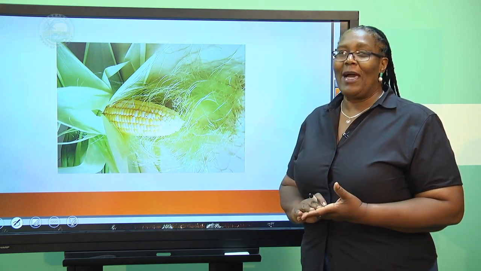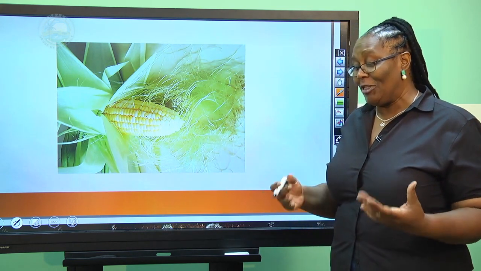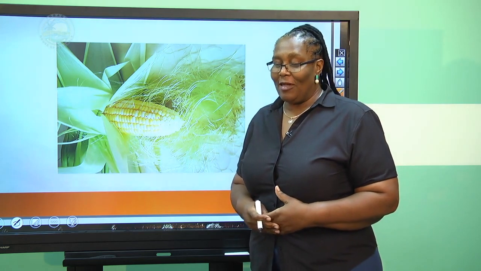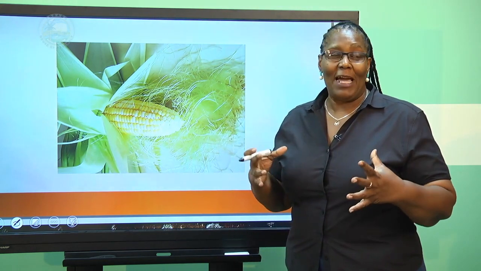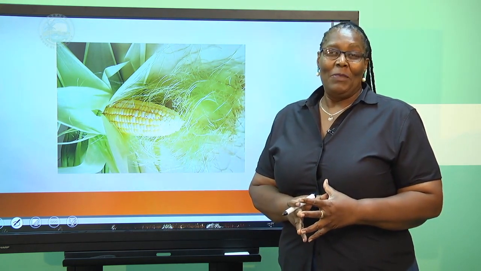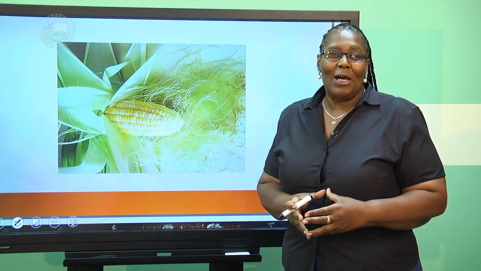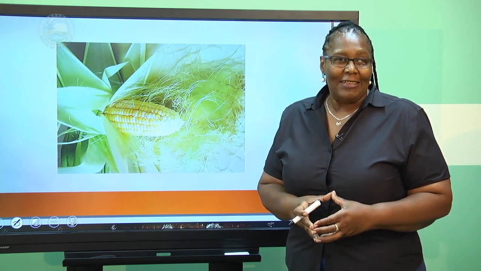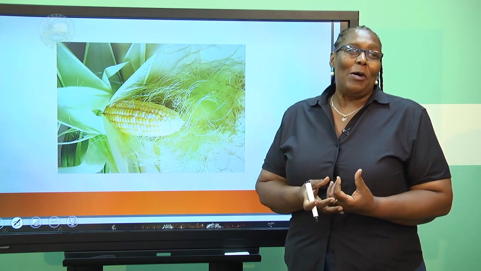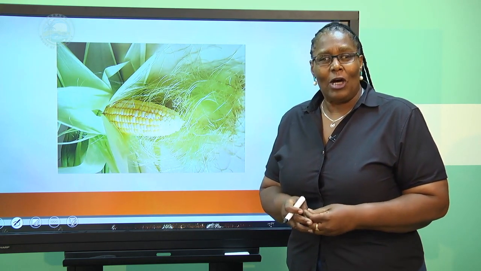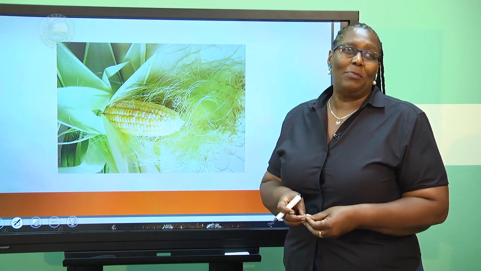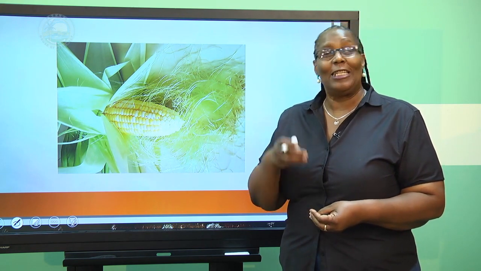And that is why you will find, in Trinidad, I know, there are lots of people who plant corn and they plant it close together. The closer you plant it, the chances of the pollen grain landing on every one of the stigmas to encourage fertilization increases.